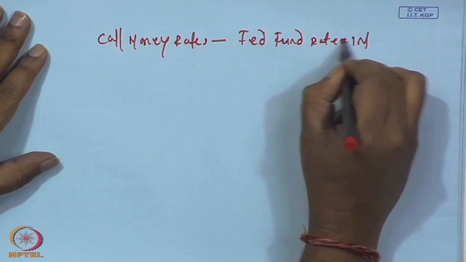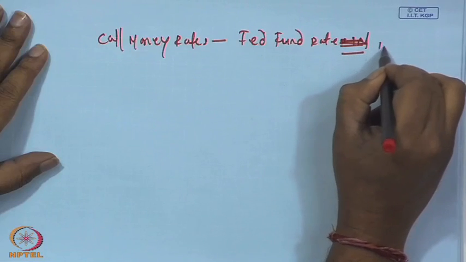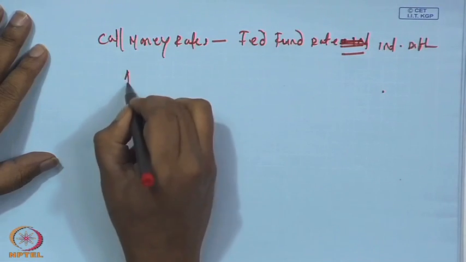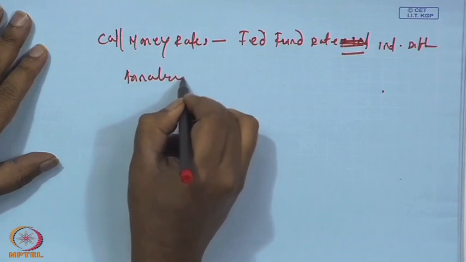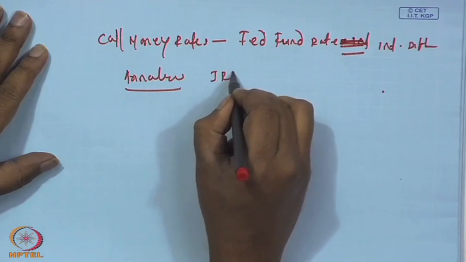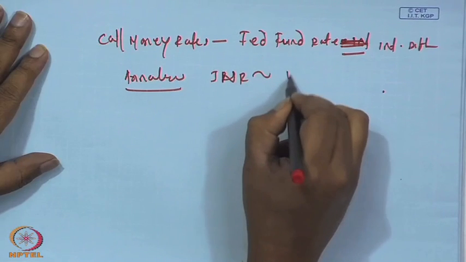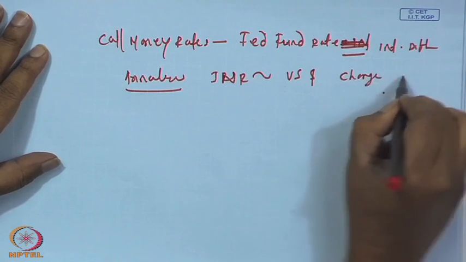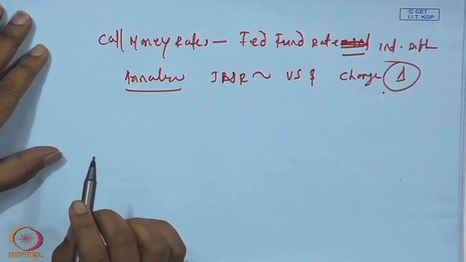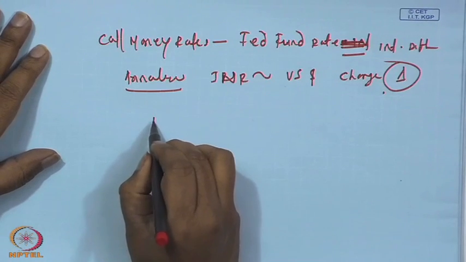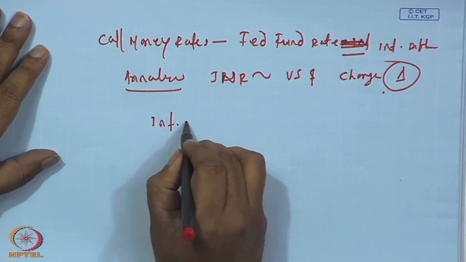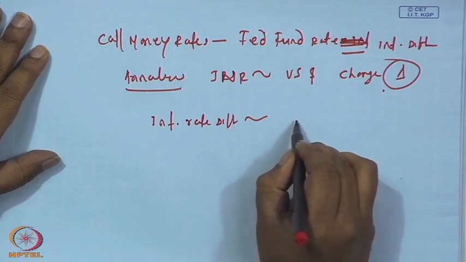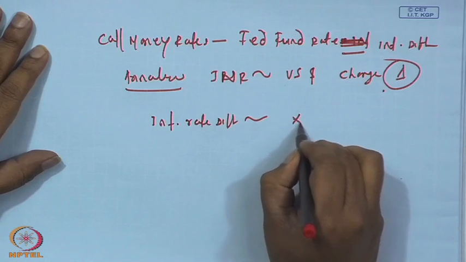This is nothing but the interest rate differential, and I have taken the annualized INR and US dollar rate depreciation change, that is the percentage change, and try to find this interest rate differential in the movement of the exchange rate change.